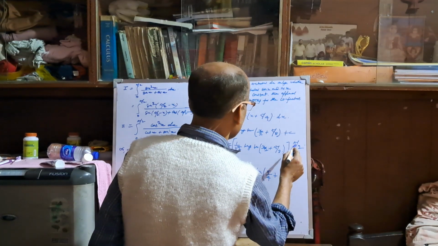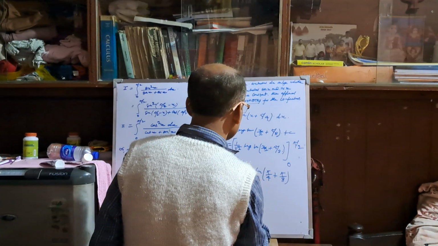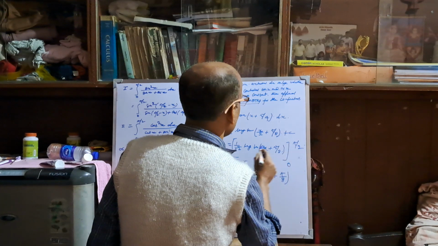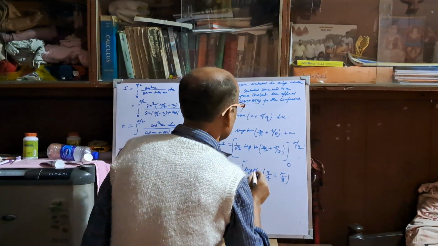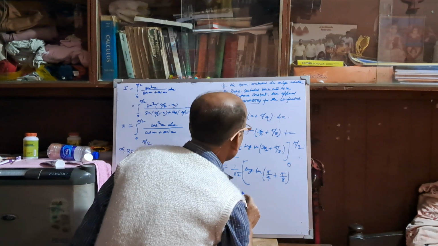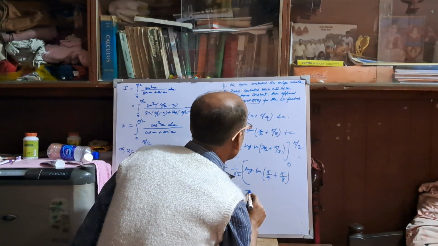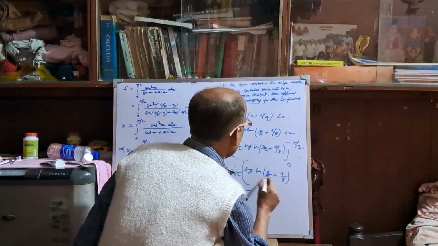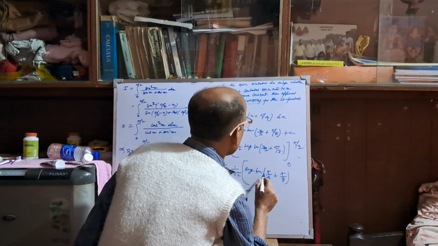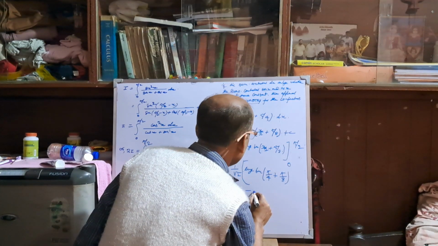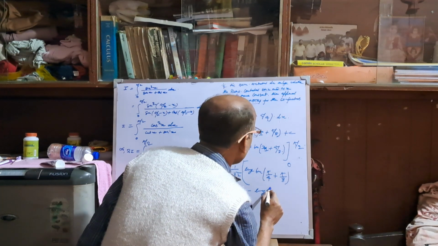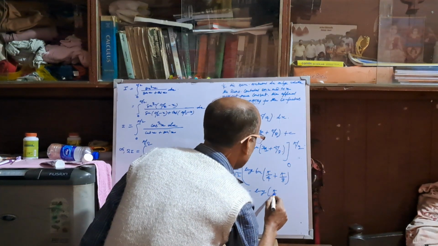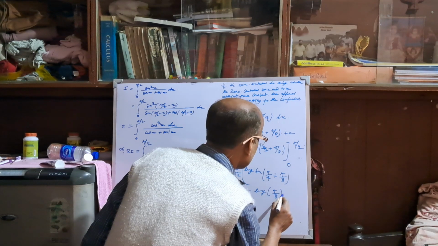If I put pi by 2, then I will get this. Okay, pi by 2, and this part will be here, minus. Actually log a minus log b, log tan pi by 8, this we have here.